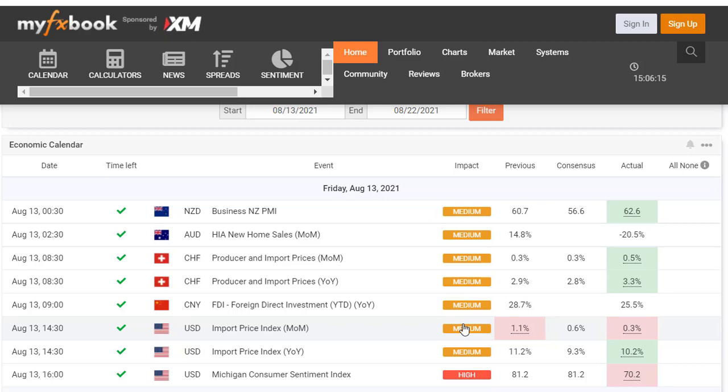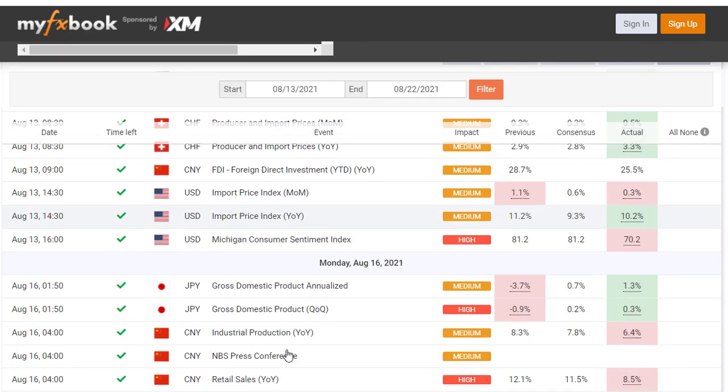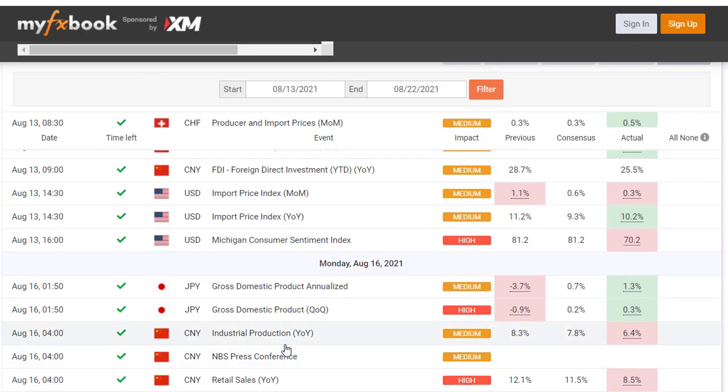What basically moves the currency most is interest rates. If interest rates are going up in a country, all other things equal, then the currency is going up. If interest rates are going down, then the currency is going down. And then a lot of the other numbers, that could be inflation, job numbers, productivity numbers, and so on and so forth.